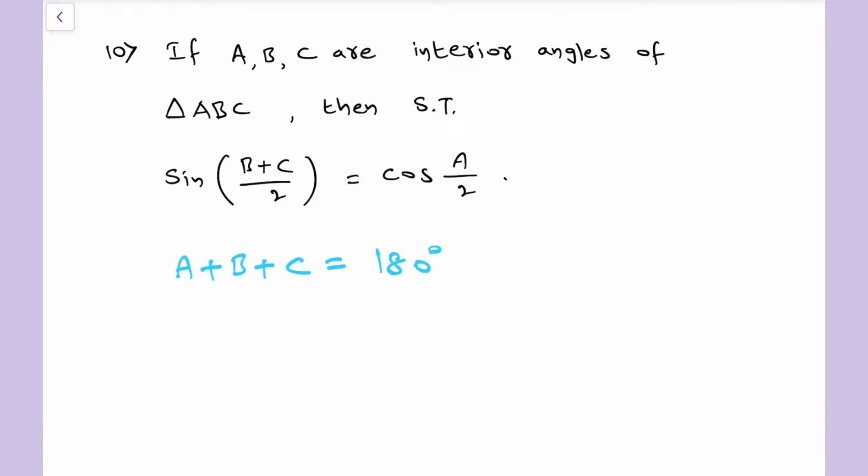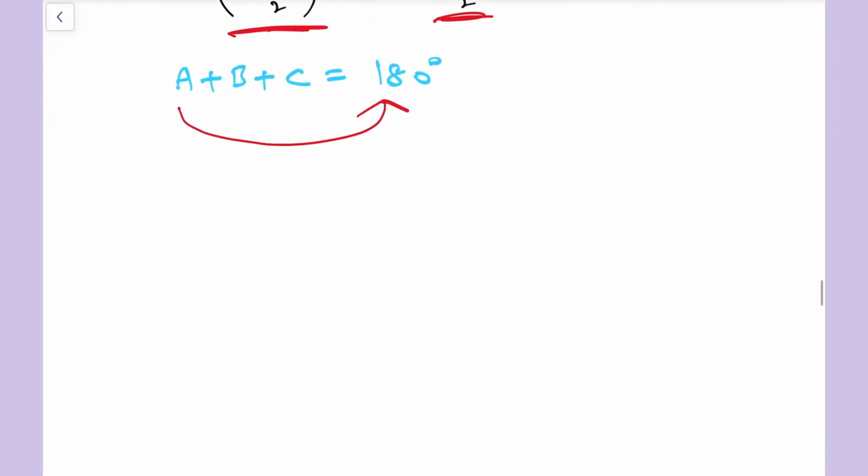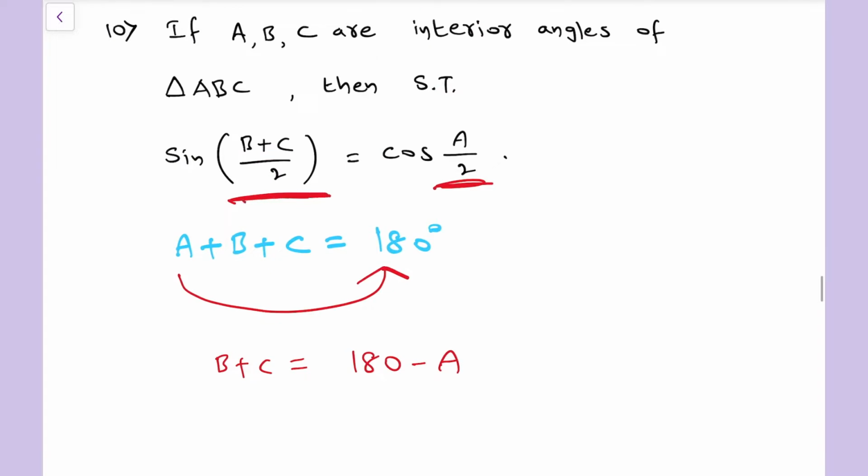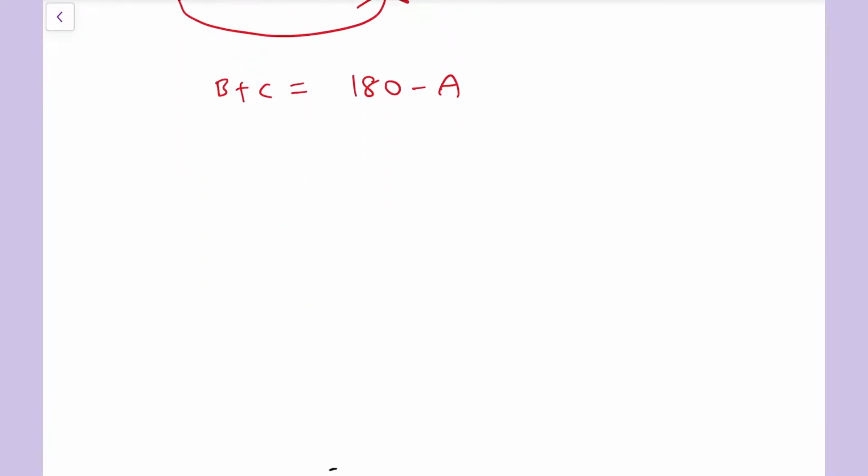Now coming to the next line, we want sine of (B plus C) by 2, right? B and C are on the left side and A is on the right side, so I am taking angle A to the right side first. So we get B plus C equals 180 minus A. We still want by 2 also, so for this whole equation I am dividing by 2.